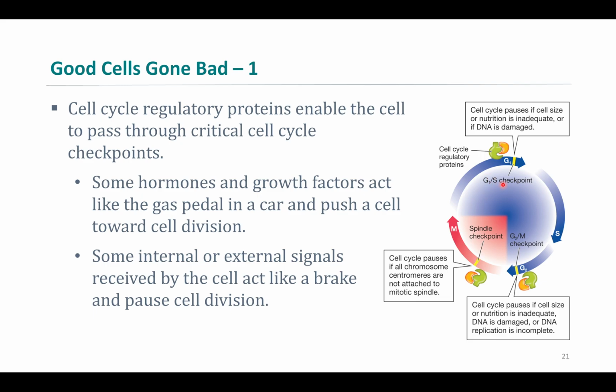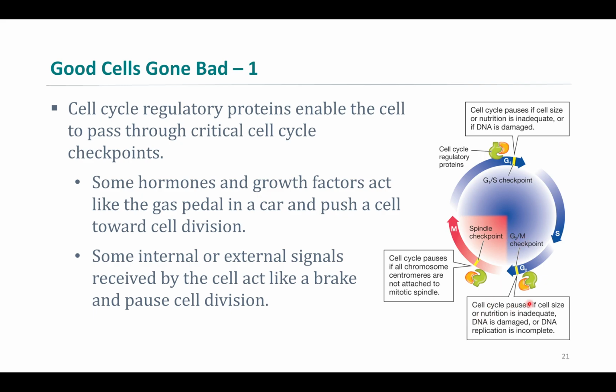At the G1 to S checkpoint, the cell makes sure it has enough nutrients and that it has properly doubled its organelles. Okay, and now the genetic material will get doubled.